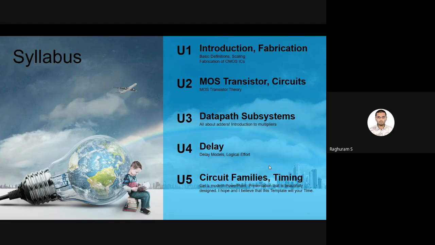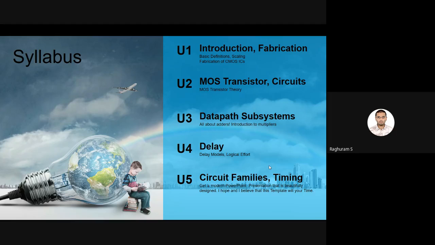The third unit will jump to another very important aspect of digital design, that is the adder and other data path objects like multipliers. And in digital cores, these are the most important components because they do 95% of the work.